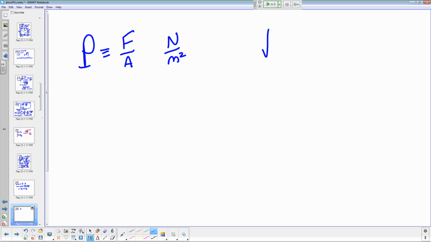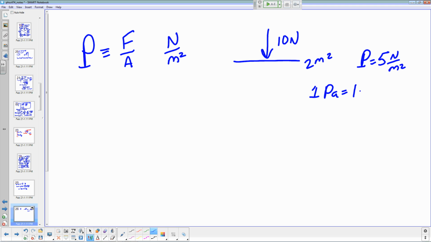So if I apply a force of 10 newtons over an area of 2 meters squared, then I'm going to have a pressure equal to 5 newtons per meter squared. This is also measured in pascals, so 1 pascal is equal to 1 newton per meter squared.